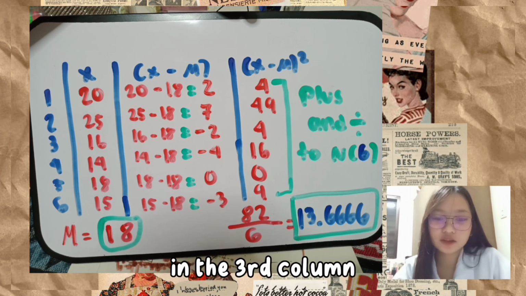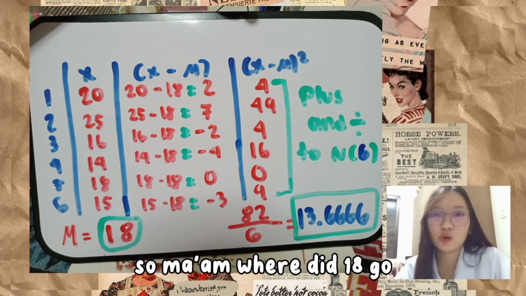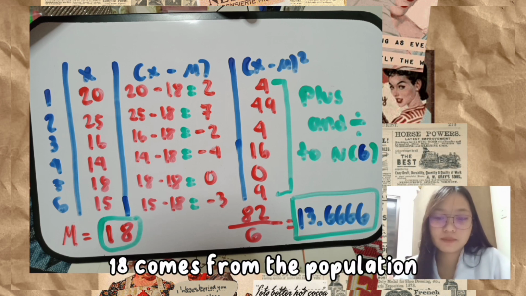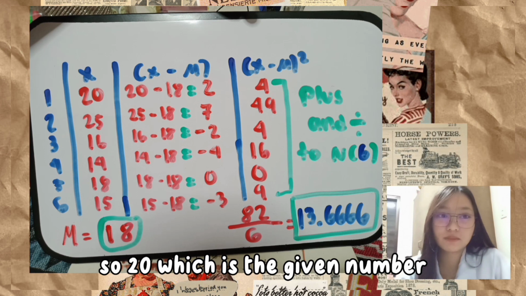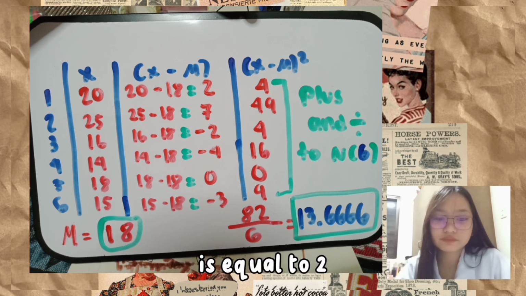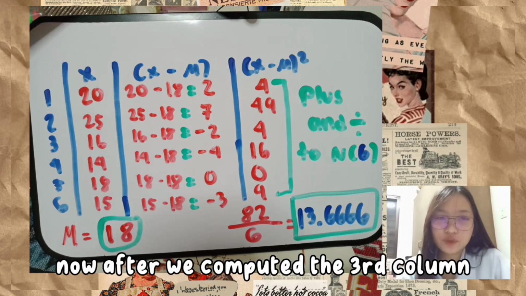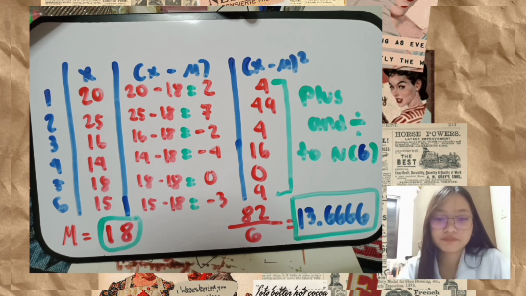In the third column, as you can see, I subtract 18 from 20. So ma'am, where did 18 come from? 18 comes from the population mean. Our population mean earlier is 18, right? So 20, which is the given number, minus 18 is equal to 2. Now, after we computed the third column, we need to proceed to the fourth column in order to get the population variance.